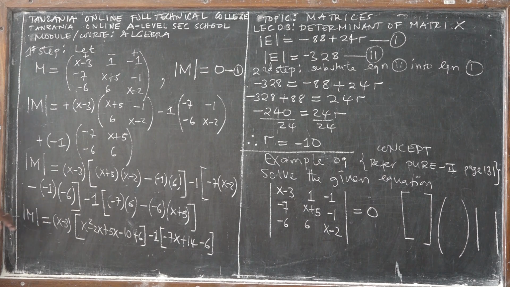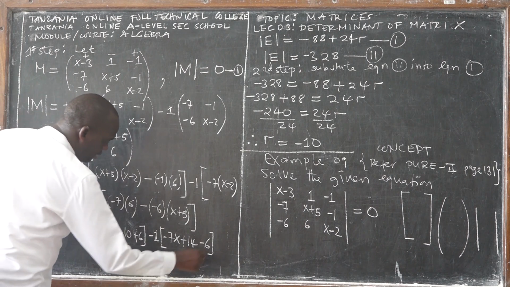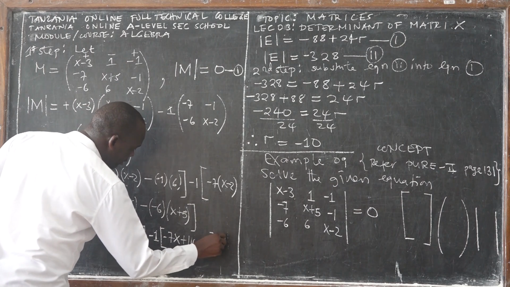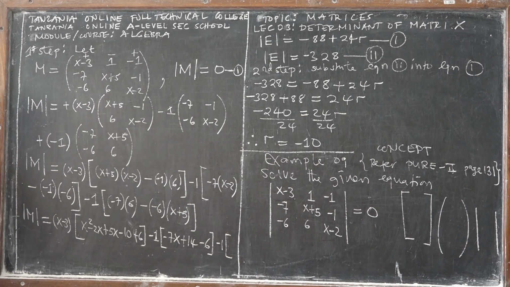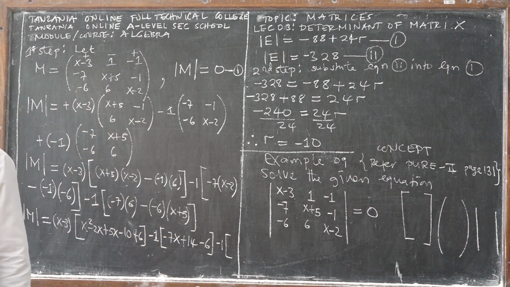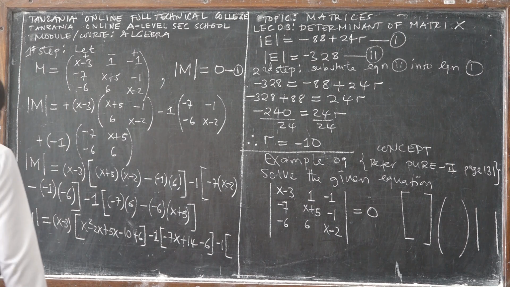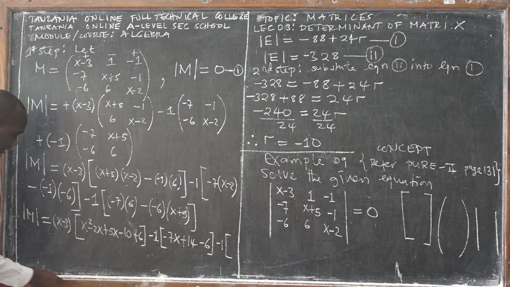Okay? Then you have minus 1, right? Open square bracket. Then negative 6 times negative 7. Negative 7 times 6, negative 42. So this is negative 42, isn't it?